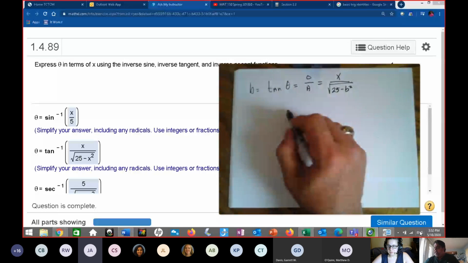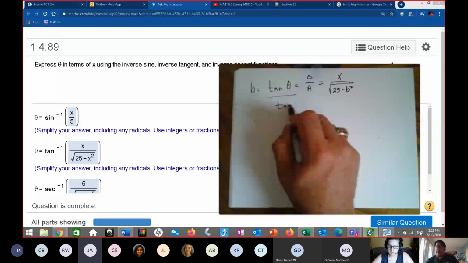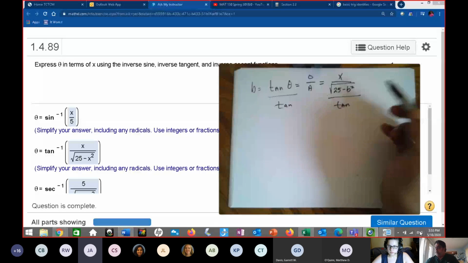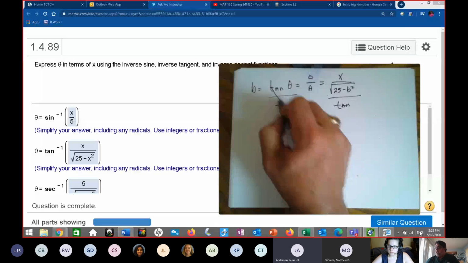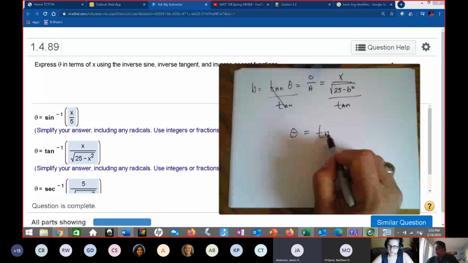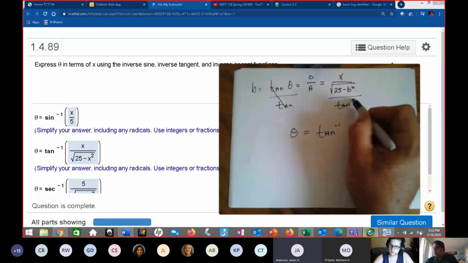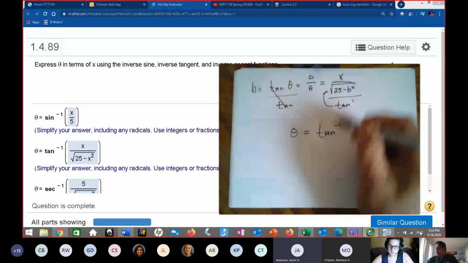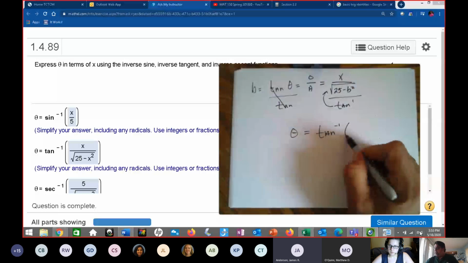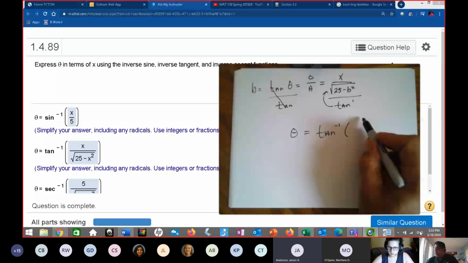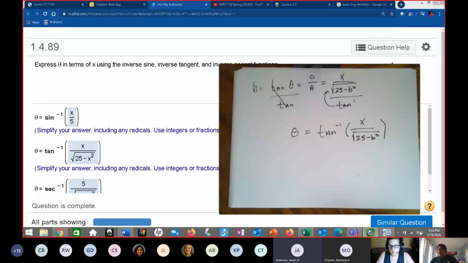So divide by tangent. Theta is equal to the inverse tan of x over the square root of 25 minus b squared. All right, now you do the secant.